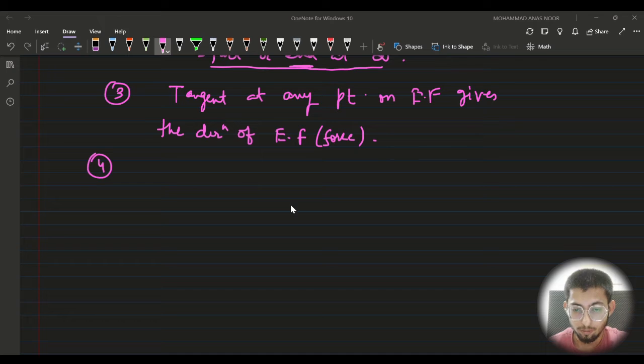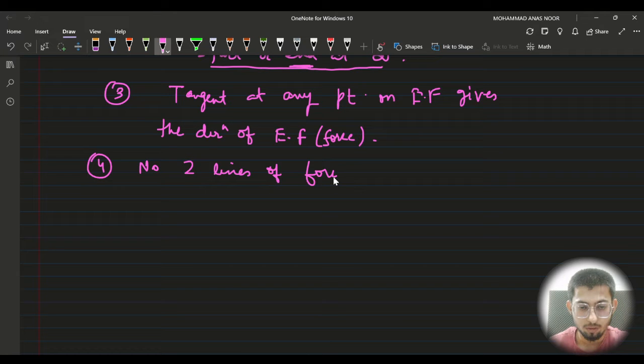The fourth one is: no two lines of force can cross each other. This is also very important. Why so?